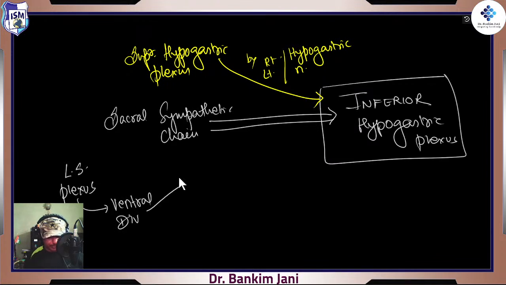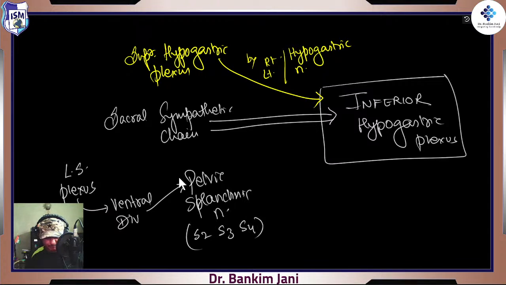That ventral division, before forming the plexus, they were coming up with the pelvic splanchnic nerves, S2, S3, S4, and those pelvic splanchnic nerves are feeding the inferior hypogastric. So this is a big contribution. This is the huge contribution, the sacral sympathetic chain. But otherwise, others also supply, right?